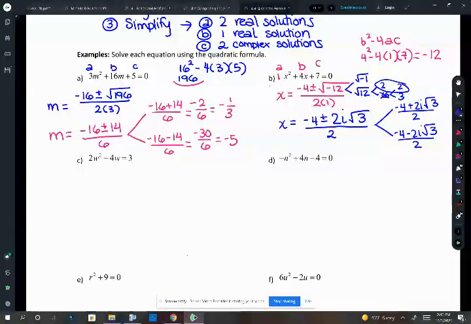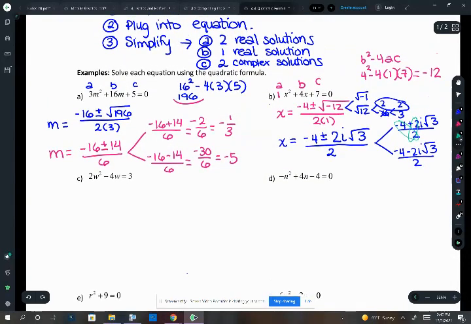And what they're going to have you hopefully recognize is that 2 will divide into this number and into this number. And so we can actually simplify that a little bit further to get x is equal to negative 2 plus i root 3, or same thing here, I can divide by 2, and so I'm going to get, comma, negative 2 minus i root 3.